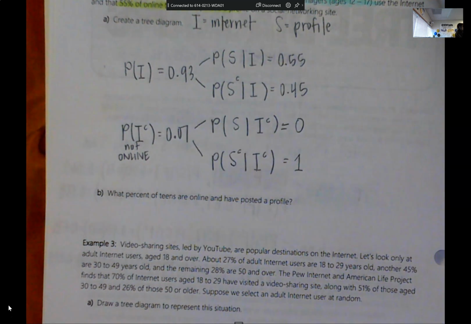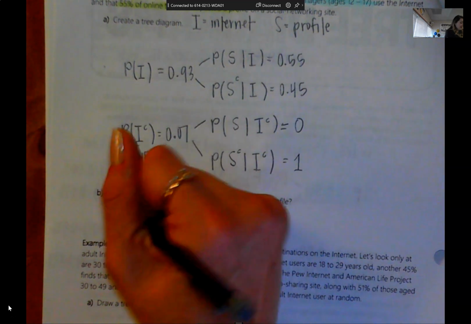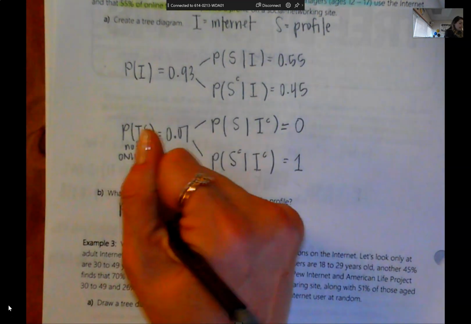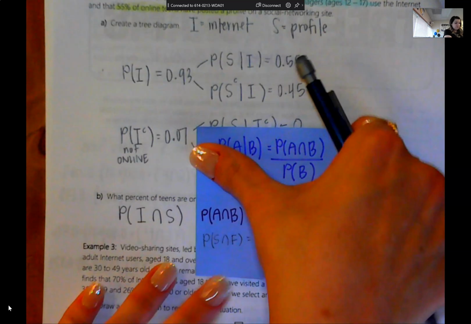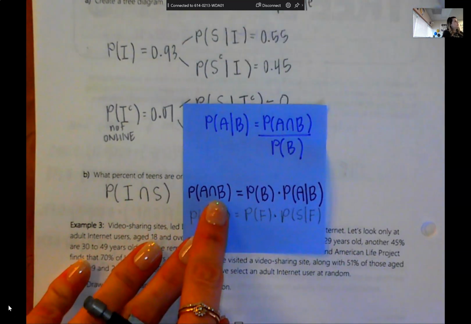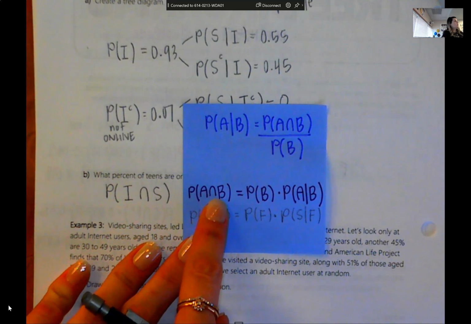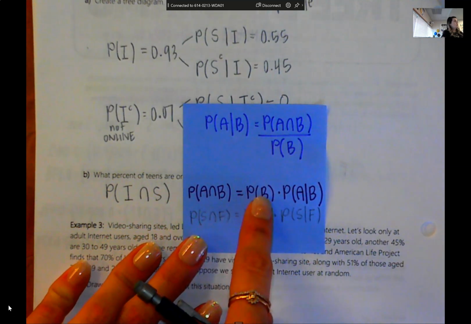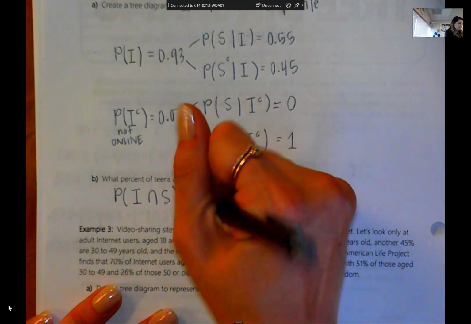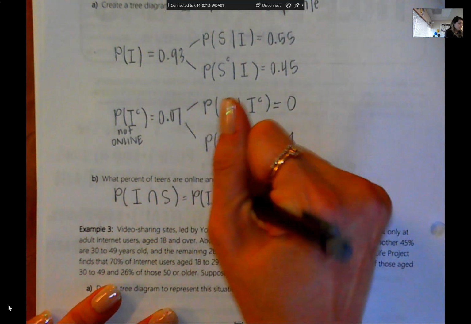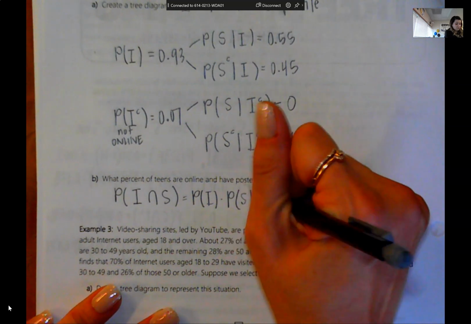What percent of teens are online and have posted a profile? Well, they're asking us about I and S. Well, it's a good thing that we review the formula for that at the beginning. It's the probability of I times the probability of S given I. And you have both of those things. So this is P of I times P of profile given internet.